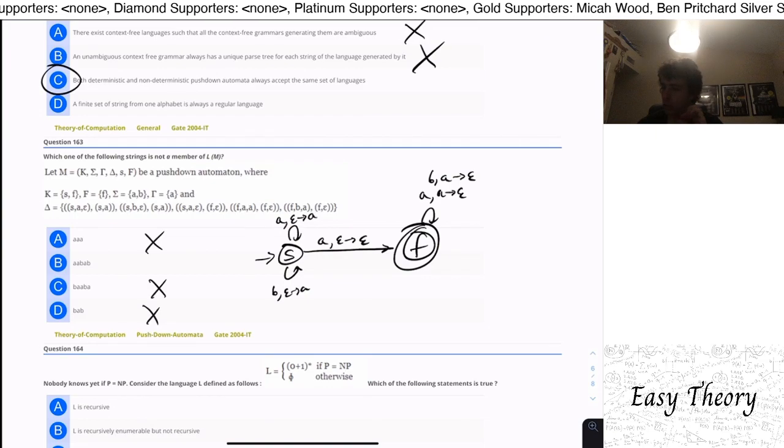So you push an A for every occurrence of A and B. So the contents of the first half, yeah, I'm not sure if this is right. Unless there's something.